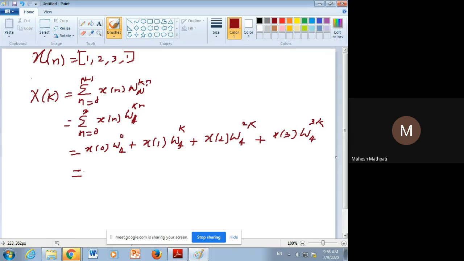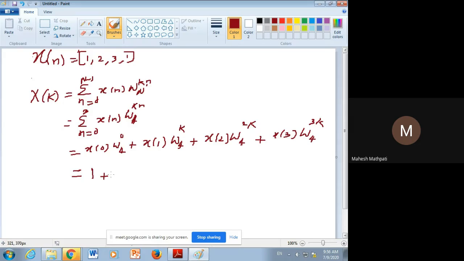What is x of 0? 1. It is 1 multiplied with w4 0. So I will write it as simply w4 to the power 0, or simply I will write it as 1. It is 1 plus, what is next part?